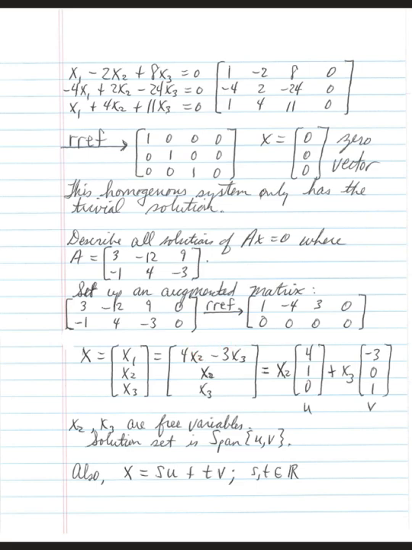Now, this solution vector has x2s and x3s. So x2, if you factor it out, you have a 4, a 1, and nothing. Then if you factor out an x3, then you have negative 3, nothing, and a 1.